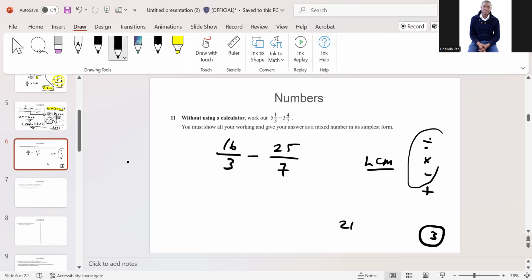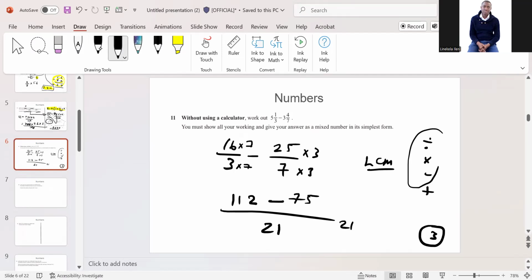So what we can do here in this case is to multiply this by 7, multiply that by 3, multiply this by 3 as well, and then multiply that by 7. Then if we do that, you'll see that 16 times 7 is literally just 112. Because we already made the denominator the same here, 3 times 7 or 7 times 3 is just 21. And then there's a subtraction sign there, and then 25 times 3 is literally just 75.